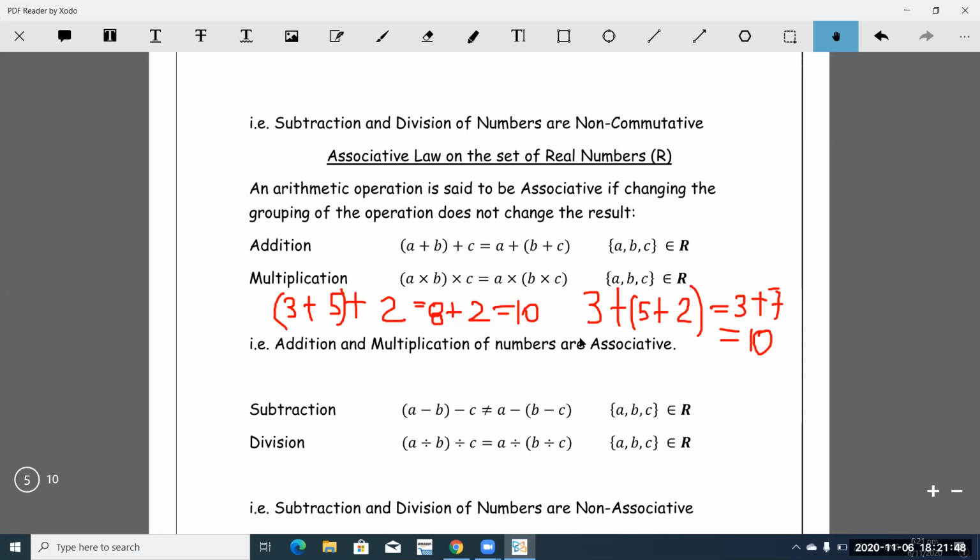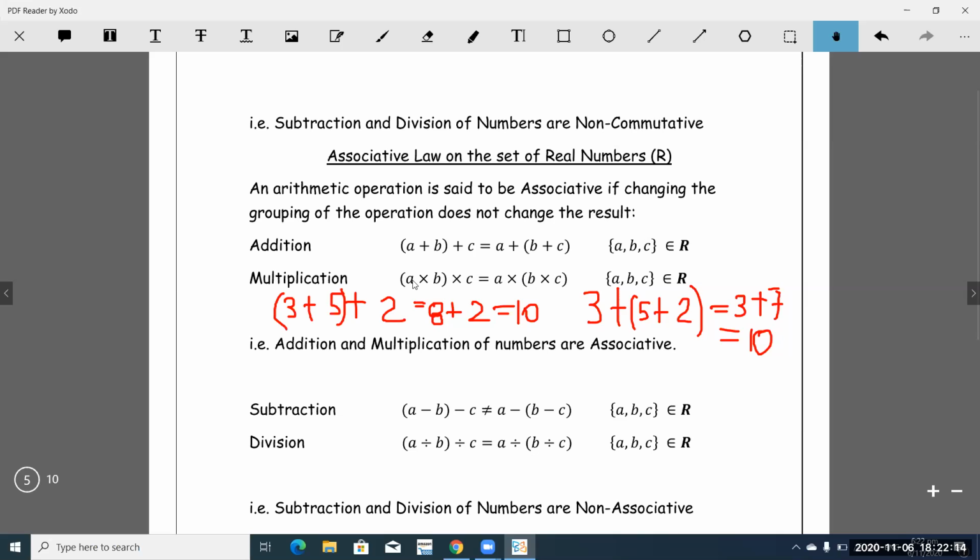In the same way, for multiplication, (A times B) times C, we can write it as A times (B times C). It doesn't matter the order. For example, 5 times 4 times 3. 5 times 4 is 20. 20 times 3 is 60. Now, if we say 4 times 3 is 12, 12 times 5 is 60.